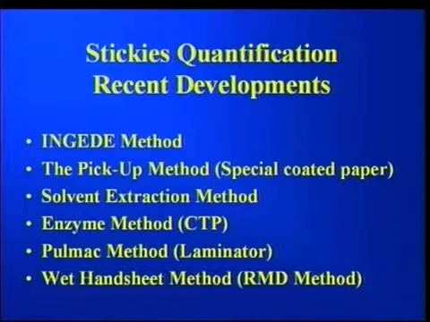The last item is the wet handsheet method, which seems to be very useful, particularly in the brown grades. The idea here is that when you wet a handsheet, it becomes translucent except where there are hydrophobic particles. So when you wet it, you can see the hydrophobic particles, and those can be counted by using image analysis again.